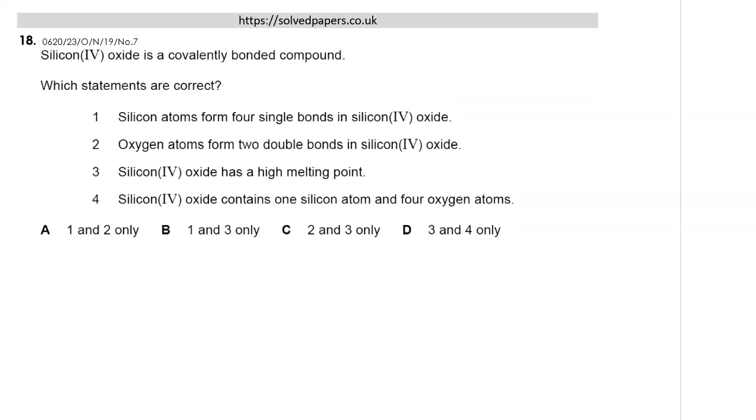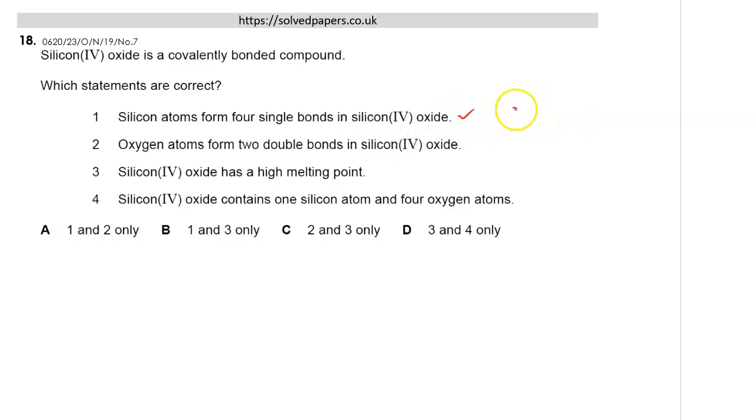Number 18, lastly. Silicon(IV) oxide is a covalently bonded compound. Which statements are correct? Let's see. Silicon atoms form 4 single covalent bonds in silicon dioxide. That is correct, right?